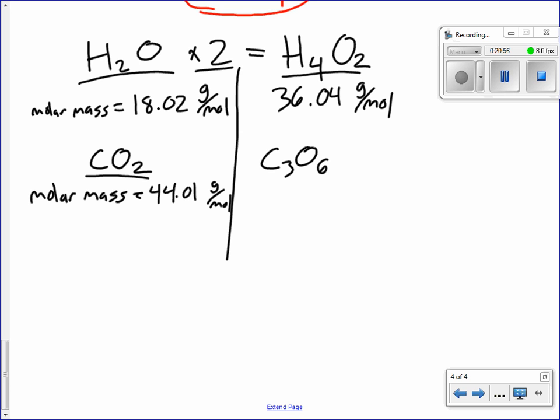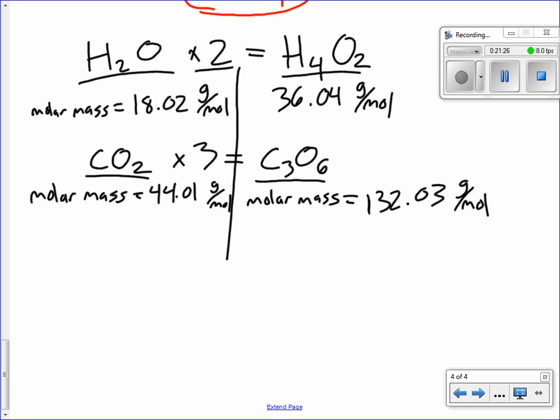So if you look at those formulas, you can see that we multiplied the empirical formula by 3 to get that molecular formula. So that would mean the molar mass of that molecular formula equals the molar mass of the empirical formula times 3. So all you gotta do is multiply it by 3 to find it, which should be 132.03.